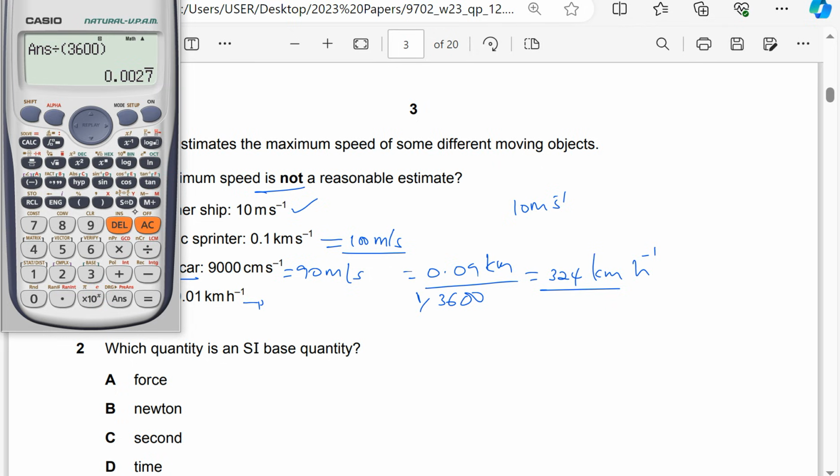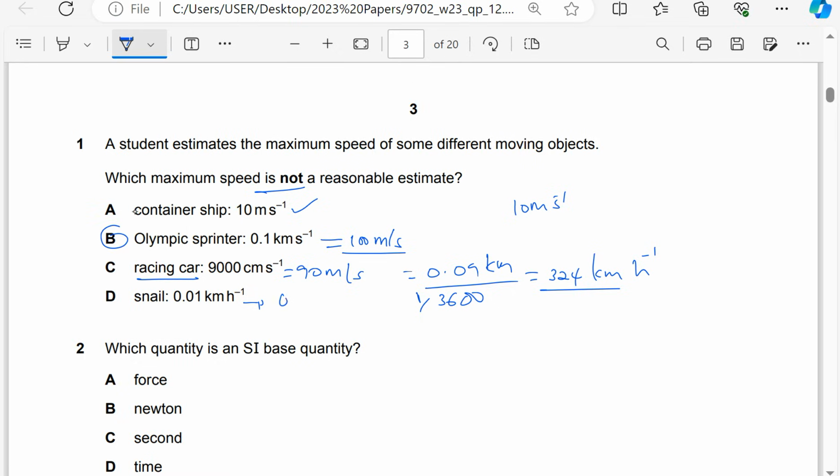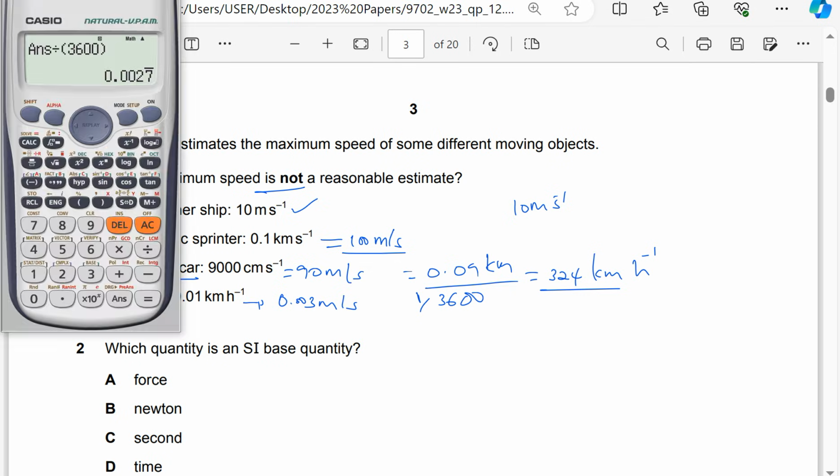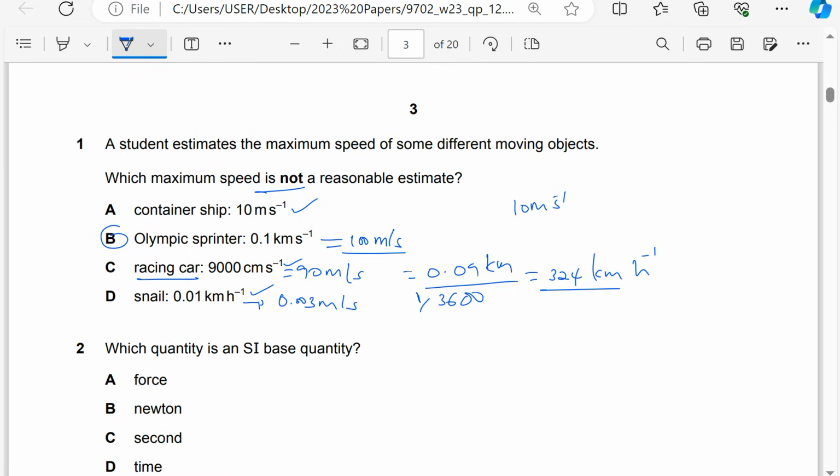Yeah, that is a reasonable speed, 0.003 meters per second. That is reasonable. So is it 0.003? Yes. So this is reasonable, this is reasonable, but this one is not reasonable. No sprinter runs at 100 meters per second.